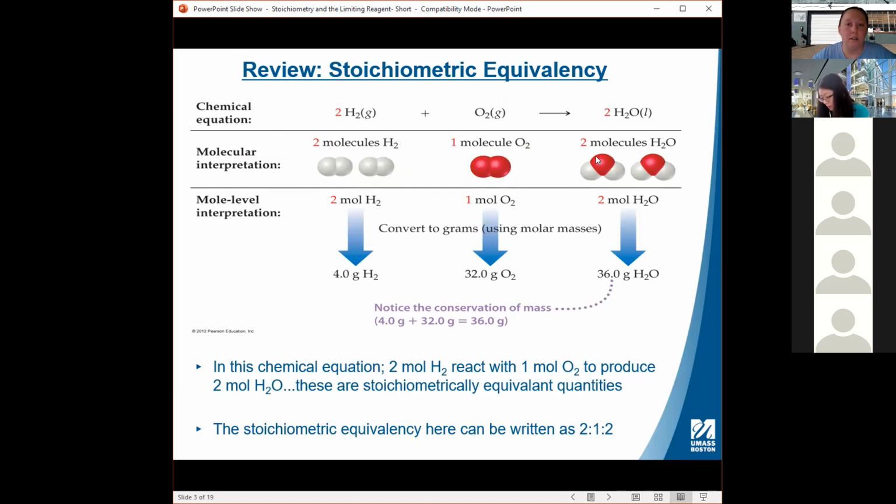Water has 1 atom of oxygen and 2 atoms of hydrogen. The oxygen molecule has 2 atoms of oxygen. And for hydrogen, there are also 2 atoms of hydrogen in each. But water has 1 oxygen and 2 hydrogens. So that means we need twice as much hydrogen as we need oxygen.